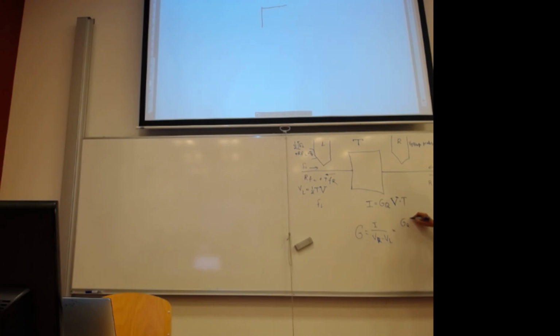G_Q T divided by, let's see, I need to transform it. It's 1/2. This is T times voltage, and this is 1/2 minus T. So that will be the result.